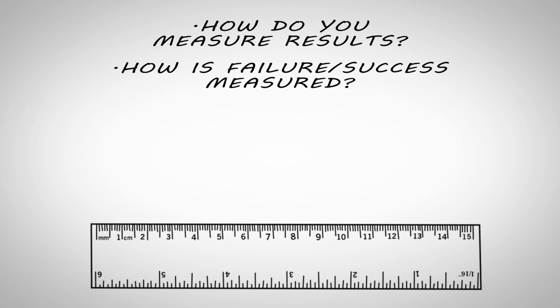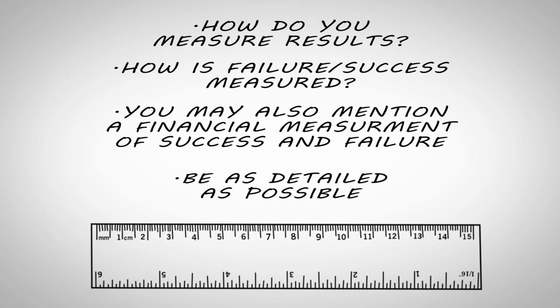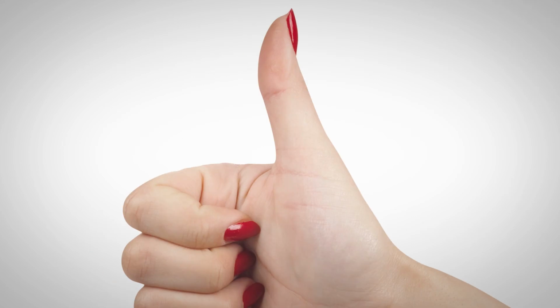You may also add in a financial measurement of success or failure. The more detail you include here, the better a potential funder will understand the impact you're trying to make and whether investing in your venture is a wise investment.